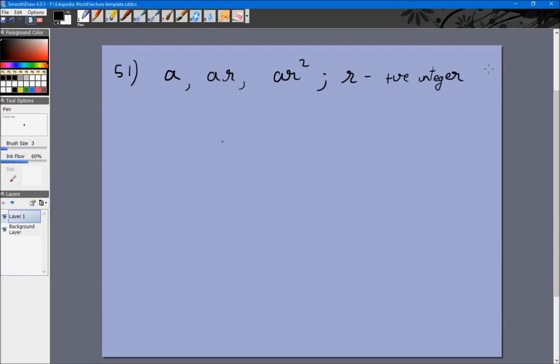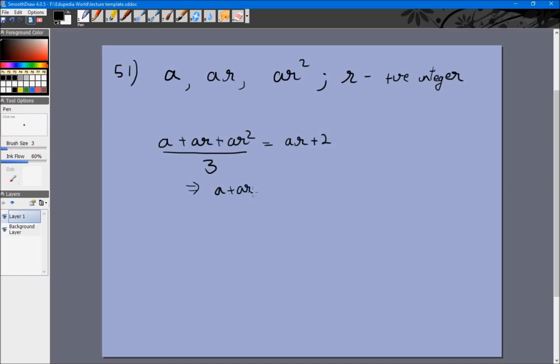We are given the arithmetic mean of these three numbers is B plus 2. That means A plus AR plus AR squared by 3 is equal to B plus 2 or AR plus 2. We just need to solve this a little bit further.